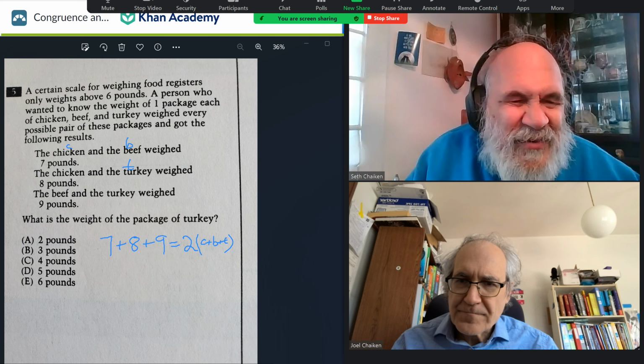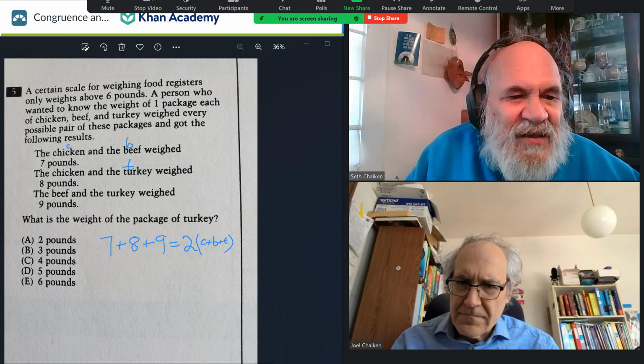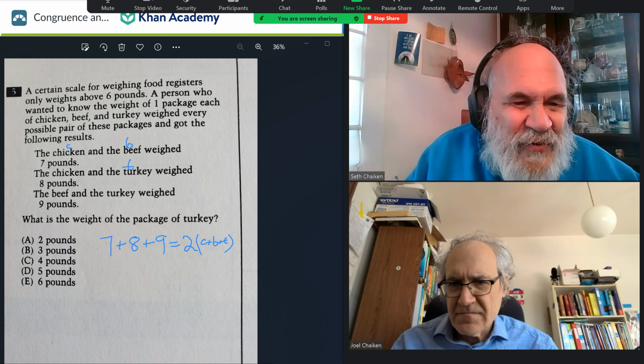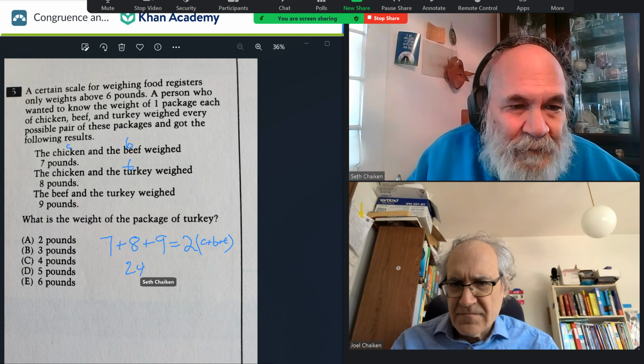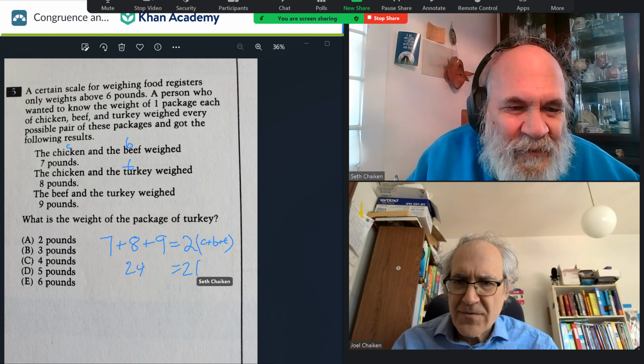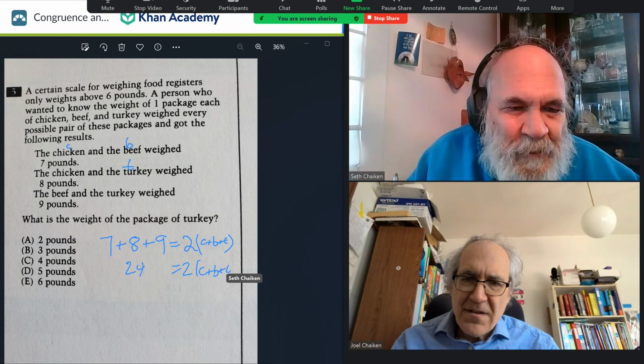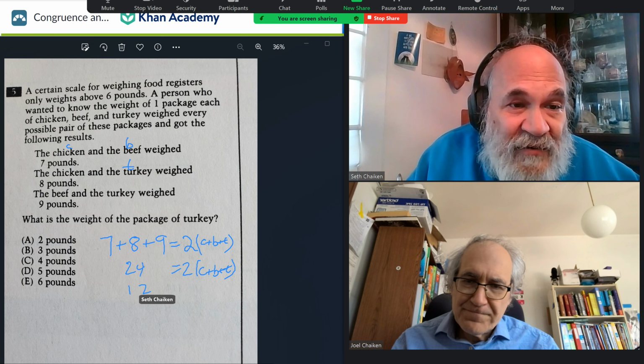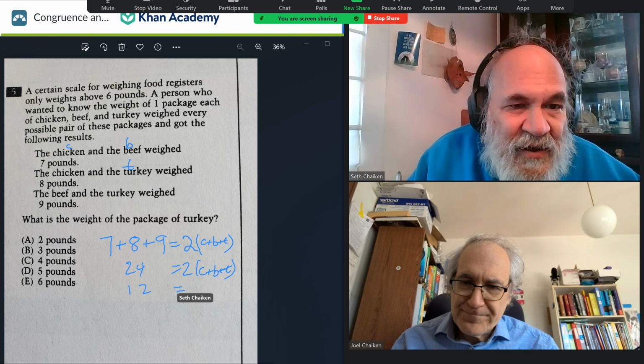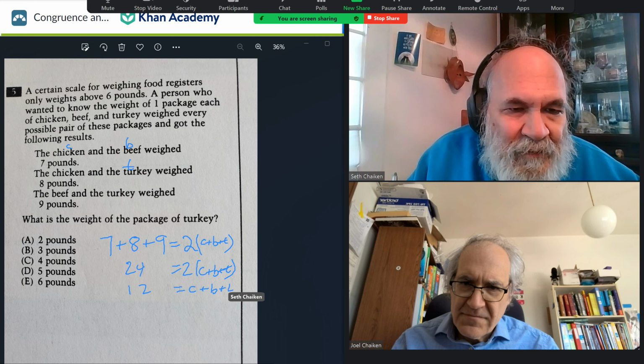And that equals, let's actually calculate it. 7 plus 8 is 15, plus 9 is 24. So 2C plus 2B plus 2T equals 24. So those add up to 12. Therefore, C plus B plus T equals 12.